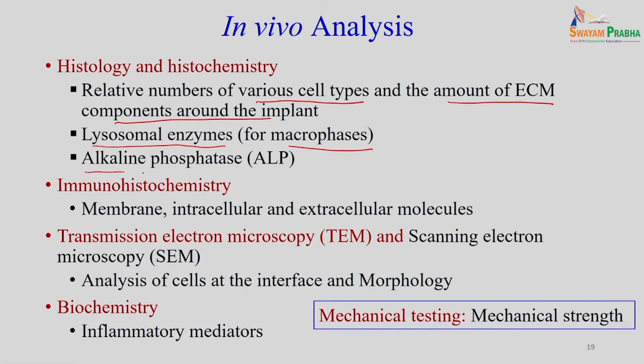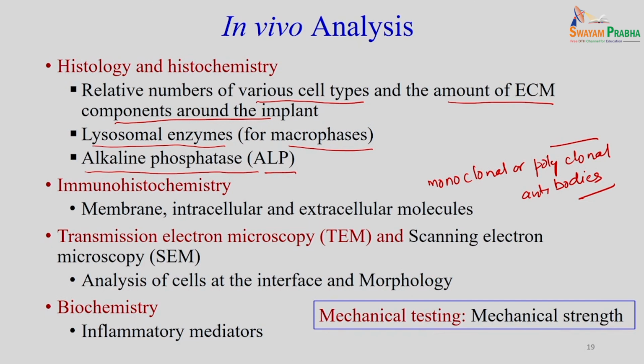Also we analyze alkaline phosphatases, which indicates the cell proliferation activity. We also go for immunohistochemistry. So, we apply these antibodies, let us say monoclonal or polyclonal antibodies, to specifically stain particular molecules.